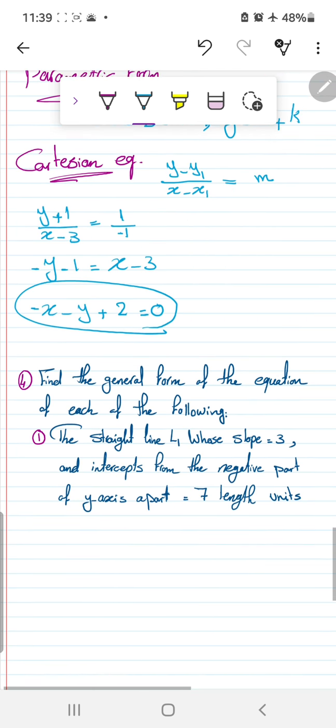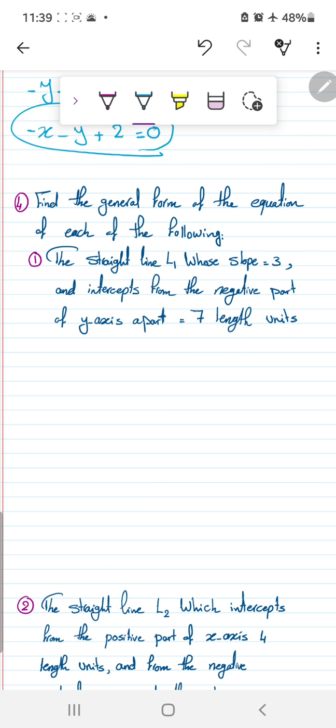Okay, the last example. Here we want to get the equation of the straight line. We have the slope and the intercepted part from the y-axis. The slope is 3 and the intercepted part is from the negative part of the y-axis, so the intercepted part here will be negative 7.